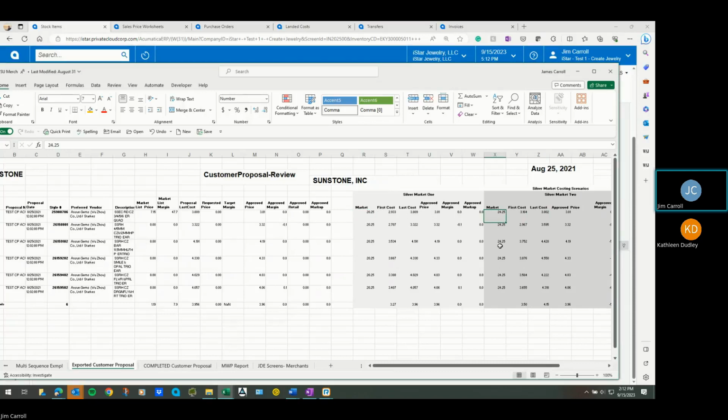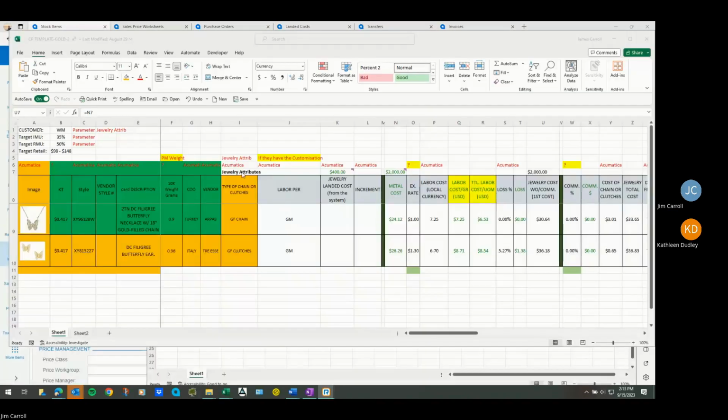And that's part of the formulae in the Excel spreadsheet that helps define that. On the gold side, similar type situations where there is a basis price here at 400. That's their basis with the vendor, but then the anticipated sell price at 2,000.